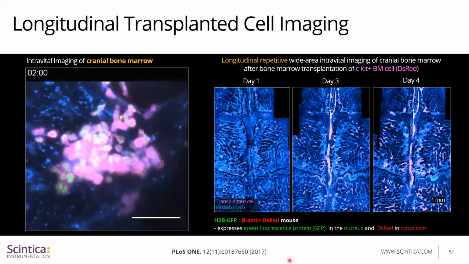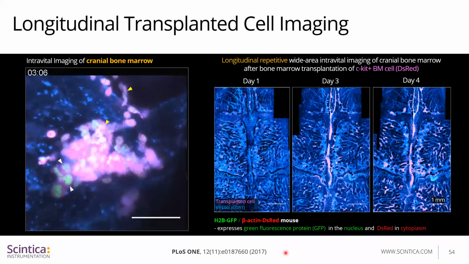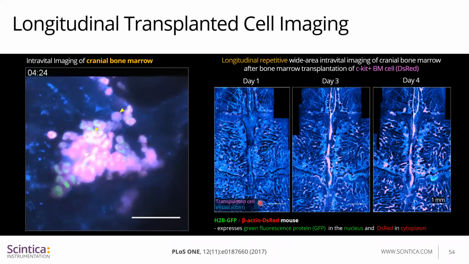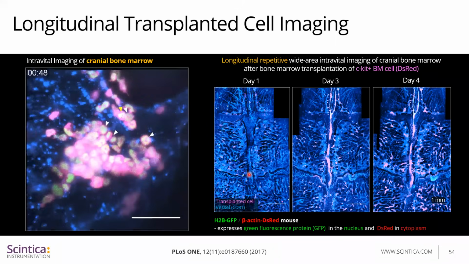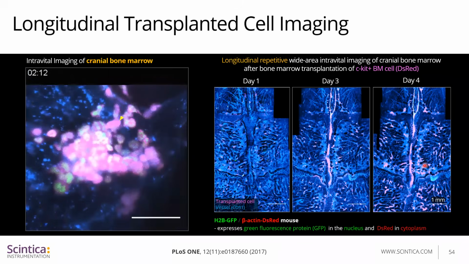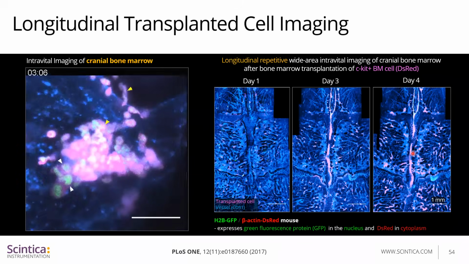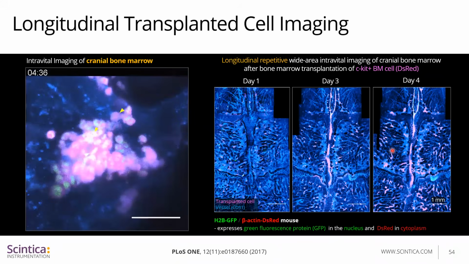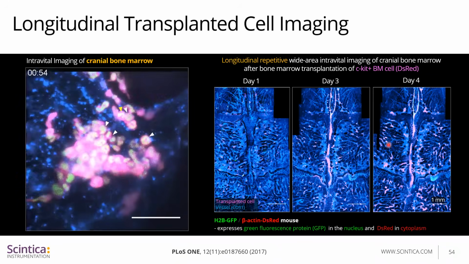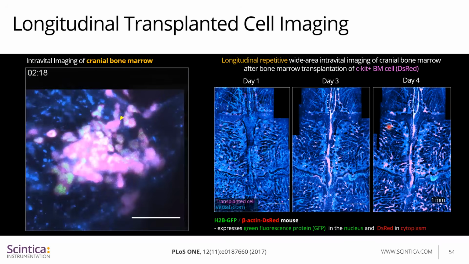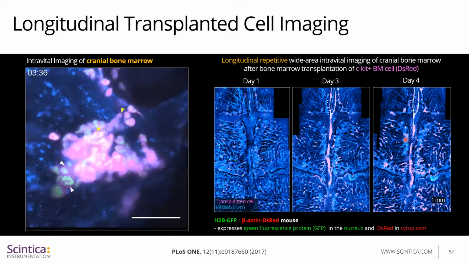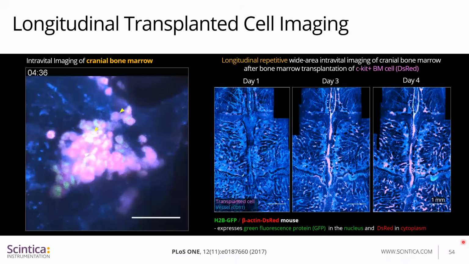So the researchers were able to see an increase in transplanted bone marrow cells from day 1 after transplantation up to day 4 after transplantation, where cells were not only increasing in number, but they were also distributing more widely across the bone marrow, and they were forming clusters that were also increasing over time.